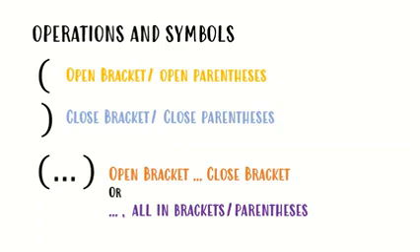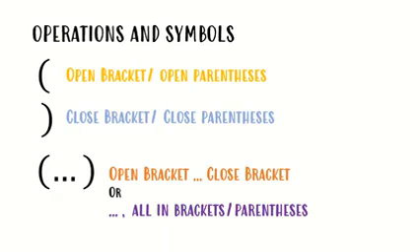To say an expression that is in brackets or in parentheses, we would say perhaps open bracket and then say the expression inside and then close bracket. So open bracket, XYZ, close bracket. Or we can say the expression inside and then afterwards say all in brackets or all in parentheses.